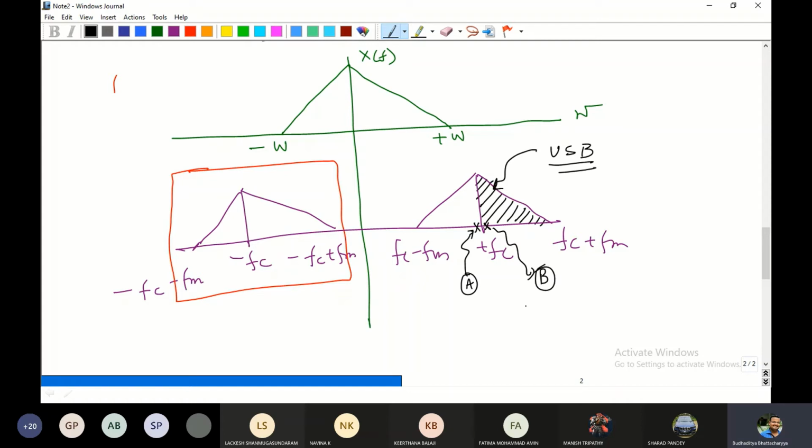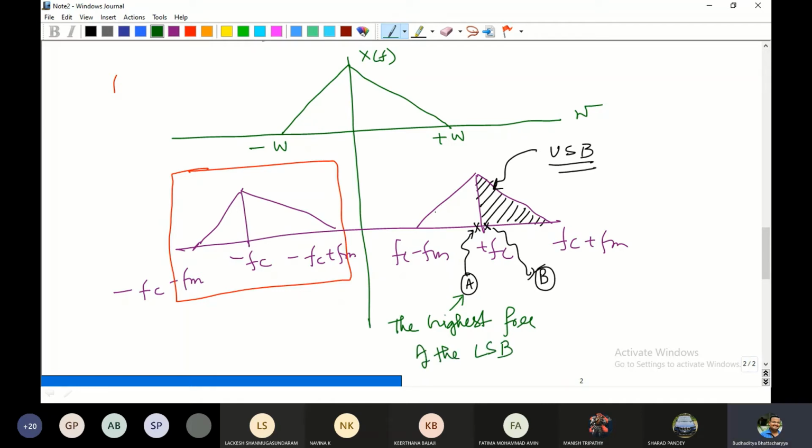Now, if you closely observe this A and B, there is a very problematic scenario that occurs. Why? Because you can see that this point A is very close to fc and this boundary. This is the highest frequency of the LSB. The words are important, so at this point A, this is the highest frequency of the LSB.